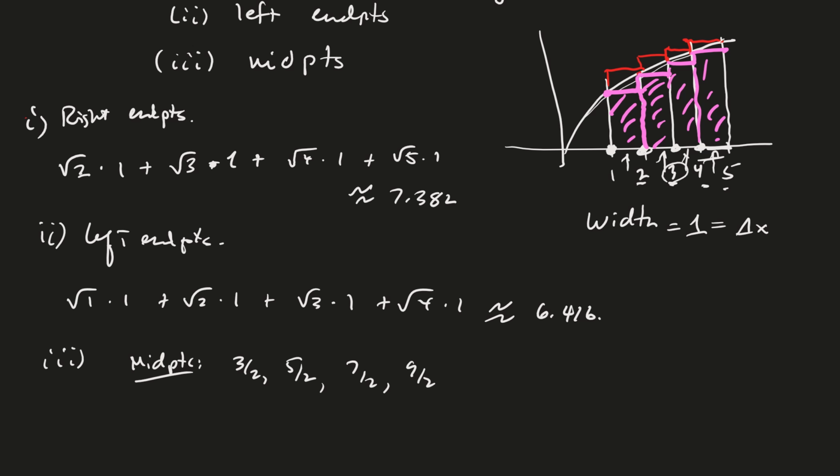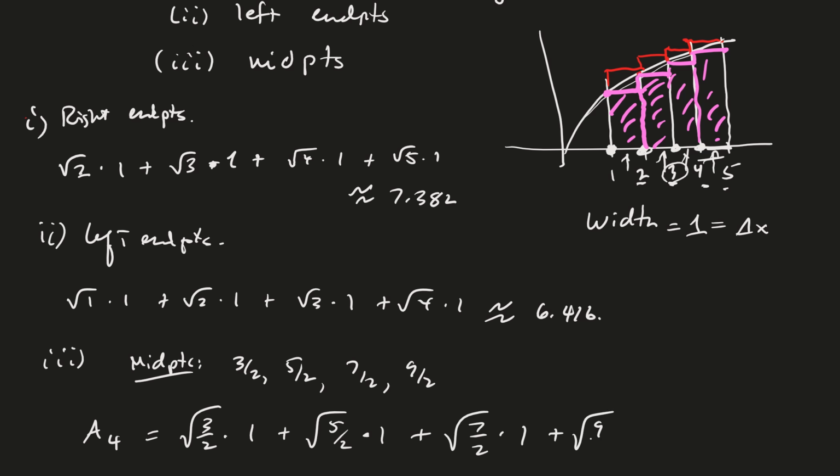And so our area, using the 4 rectangles and these as our heights, is the square root of 3/2 times our width, plus the square root of 5/2 times the width, plus the square root of 7/2 times the width, plus the square root of 9/2 times the width, and that's approximately 6.79. And so you can see here, this is probably the most accurate in this particular case.